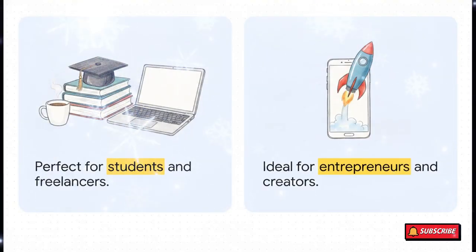And this brilliantly illustrates the impressively wide net the specific product is casting. Notice the juxtaposition they're going for, targeting students and freelancers on one side and entrepreneurs and content creators on the other. Now, it is incredibly rare for a single product to legitimately appeal to such wildly different demographics.